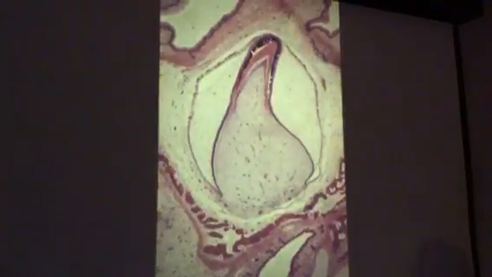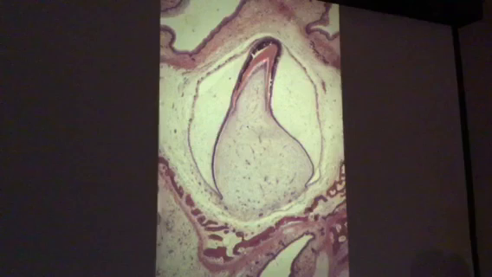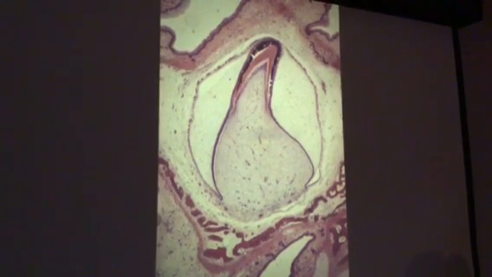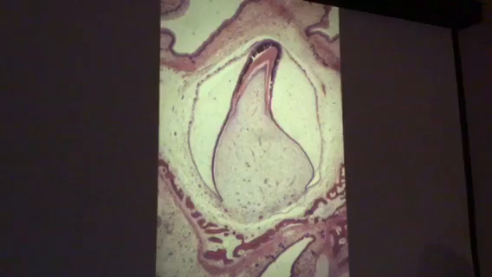Cervical loop. Okay, and again, there's that reduced enamel epithelium forming right at the cusp, dentin, predentin, and there is the pulp chamber filled with, most textbooks would call that pulp, but you could call it dental papilla as well.